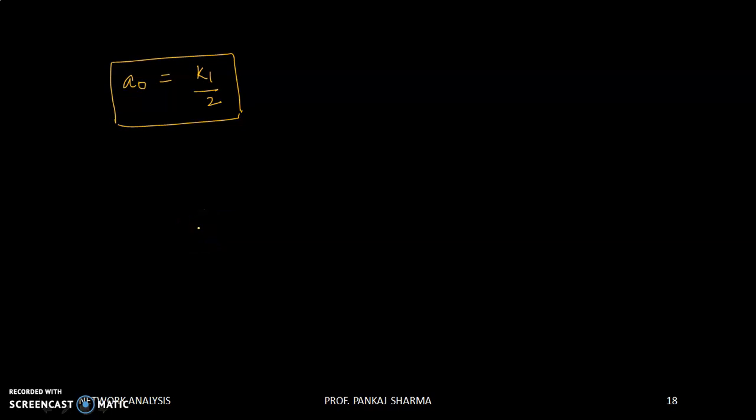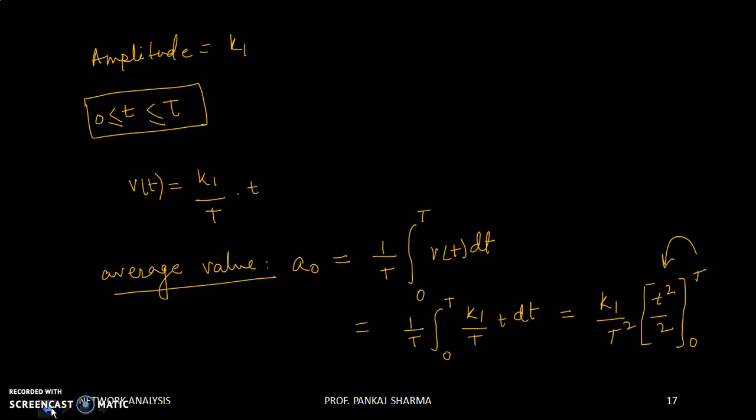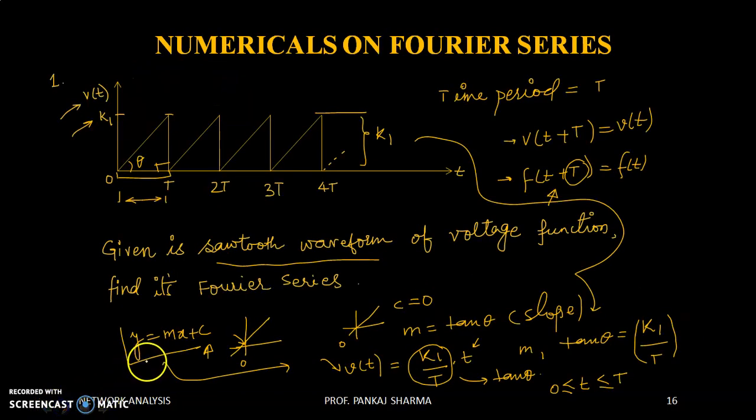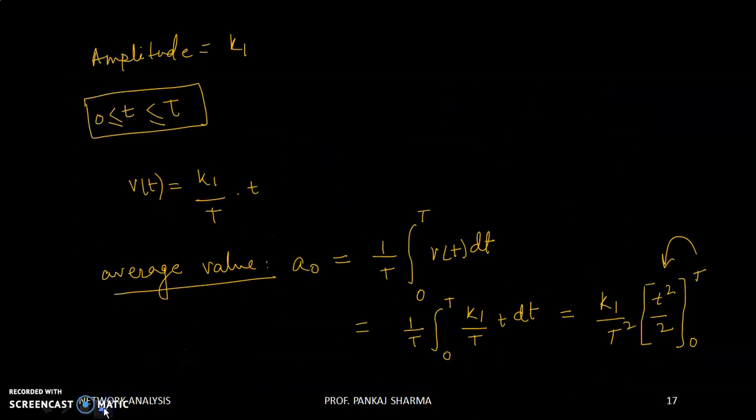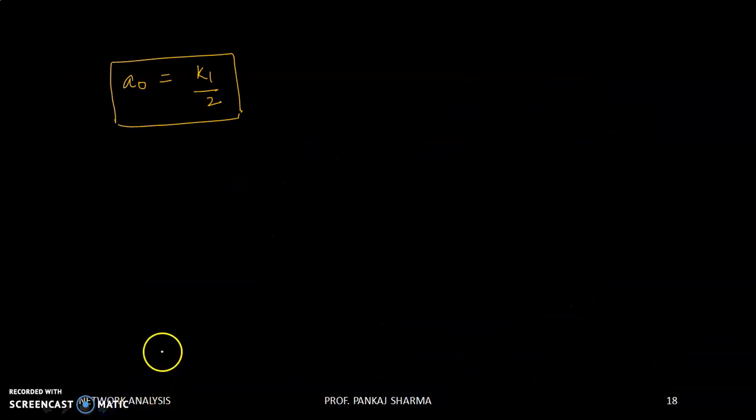Since from the diagram it is clear that the wave has odd symmetry. The diagram clearly depicts that it has odd symmetry. It is not even symmetrical. So, for an odd symmetry waveform, the coefficients of cosine terms will be 0.